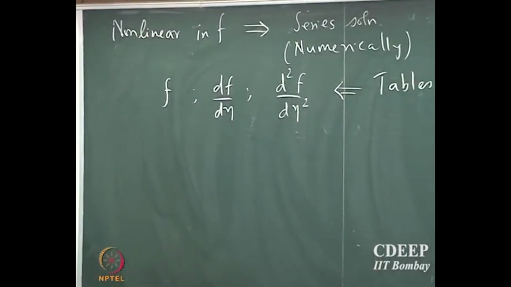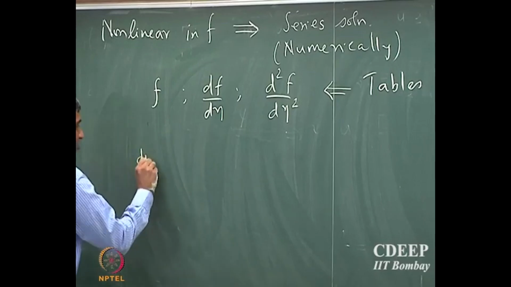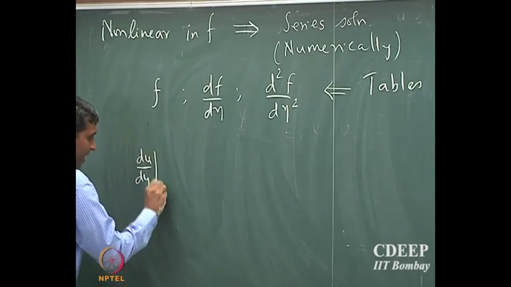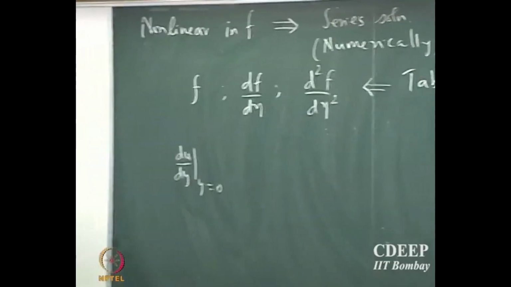So remember that what we want really is to find du by dy at y equal to 0. That's what we want to find, right? That's what we want if you want to find the friction coefficient. We are not interested in the whole profile. It's very boring to see the whole profile. So what is really of interest is to find the friction coefficient and the heat transport coefficient and mass transport coefficient.